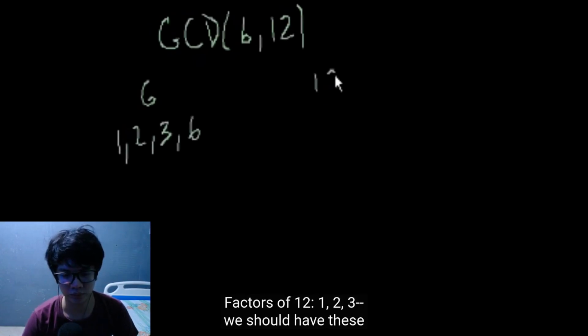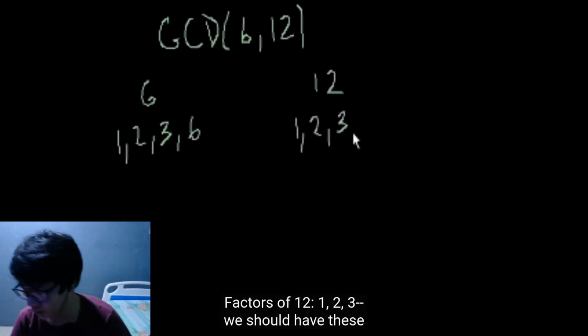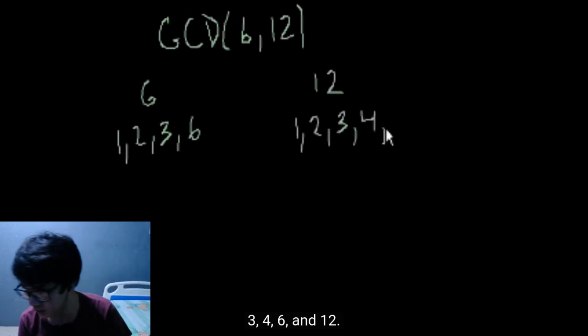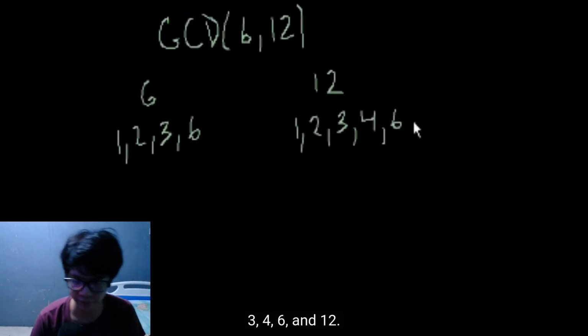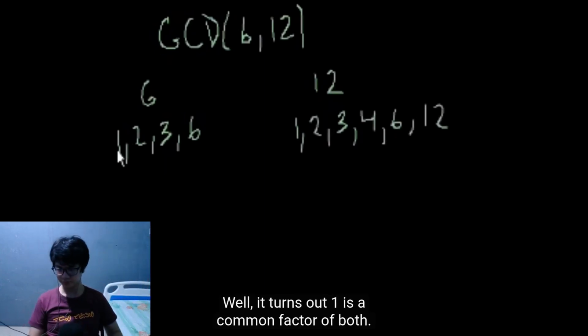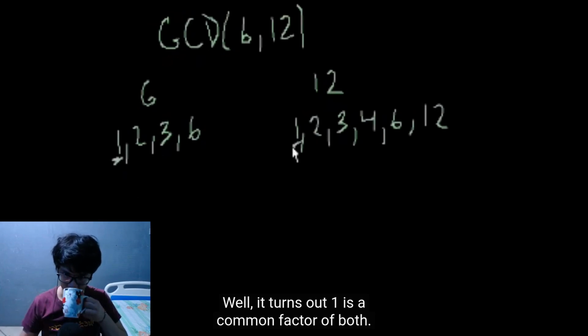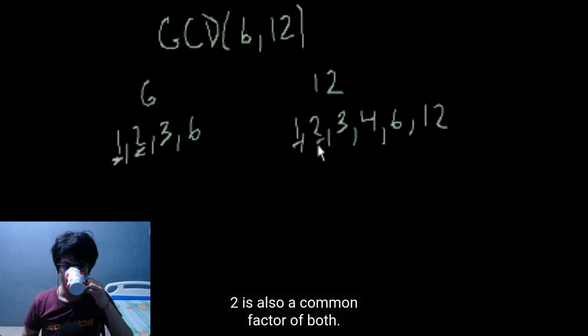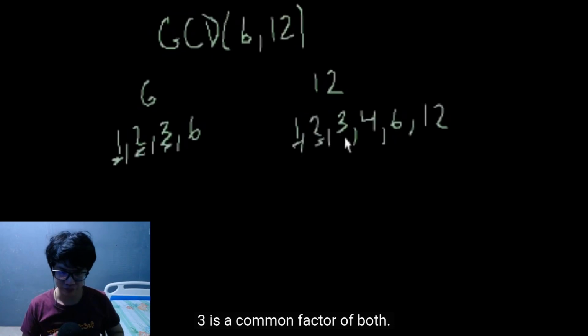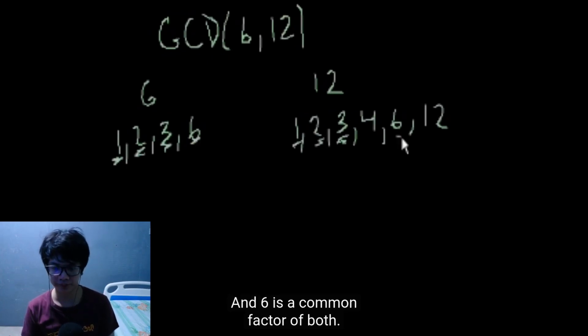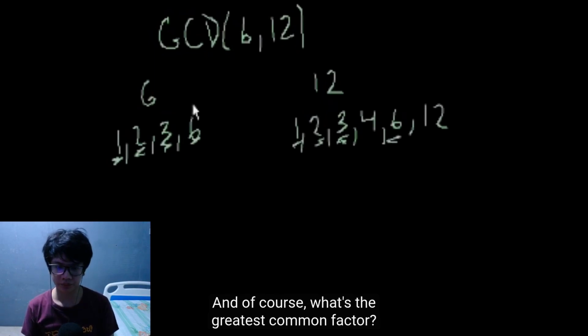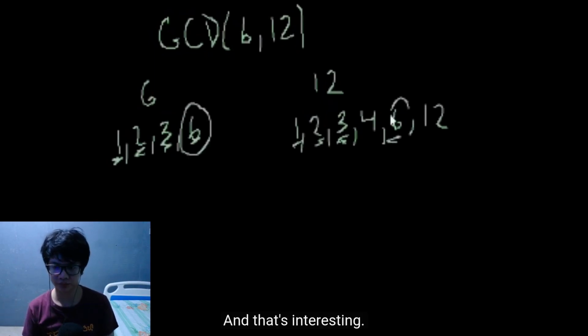Factors of 12: 1, 2, 3, I almost should have these memorized by now, 3, 4, 6, and 12. Well, it turns out 1 is a common factor of both. 2 is also a common factor of both. 3 is a common factor of both. And 6 is a common factor of both. And of course, what's the greatest common factor? Well, it's 6.